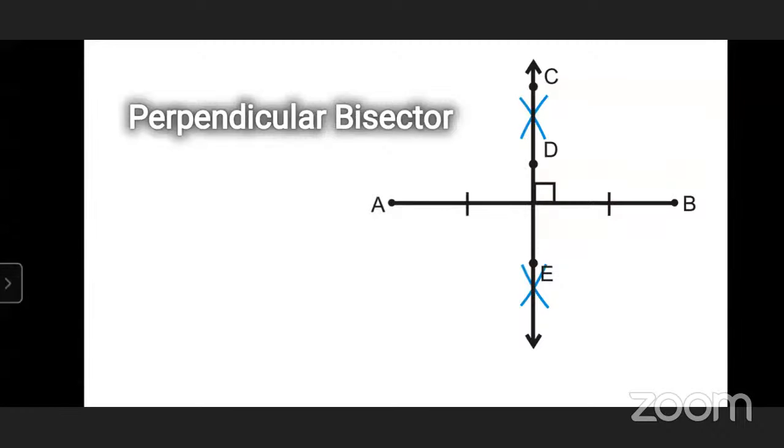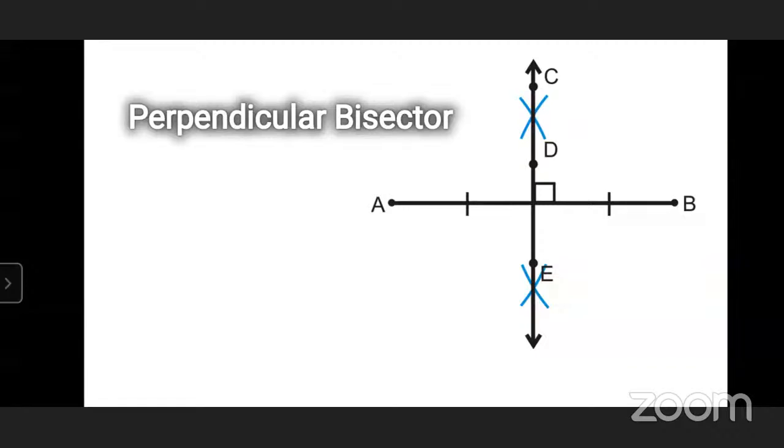In a triangle, when we draw the perpendicular bisectors of each side of the triangle, we can see that the three perpendicular bisectors of the three sides of that triangle meet in a single point called the circumcenter.